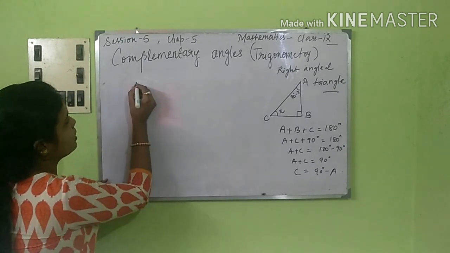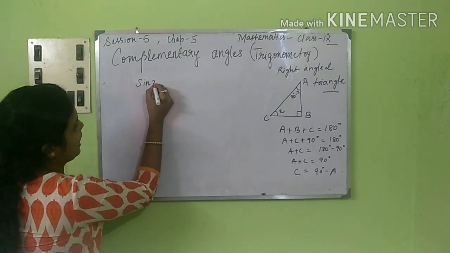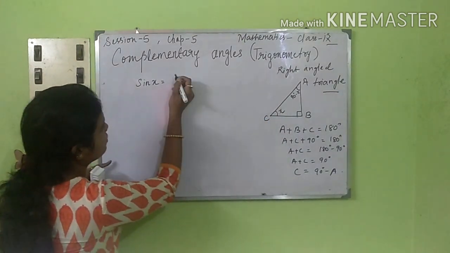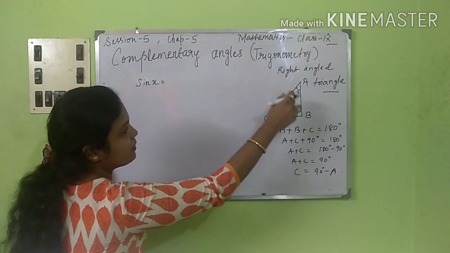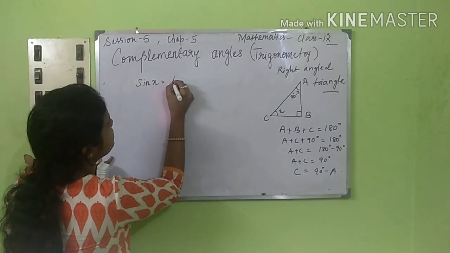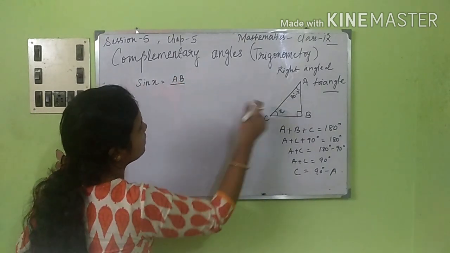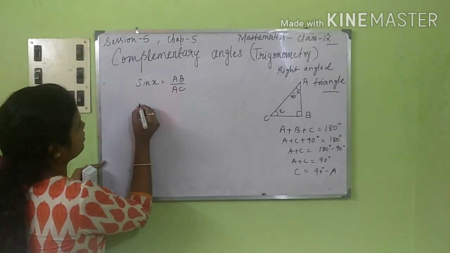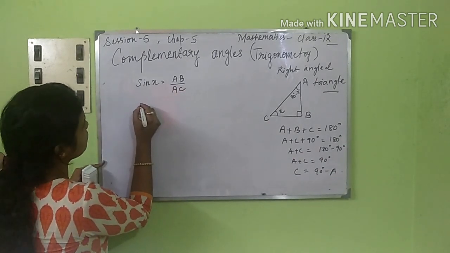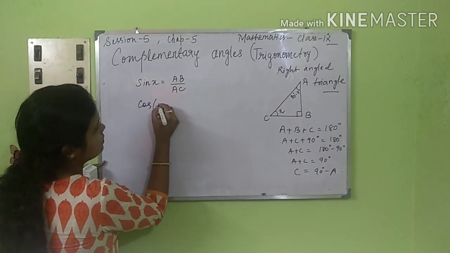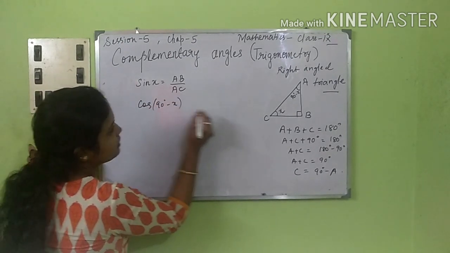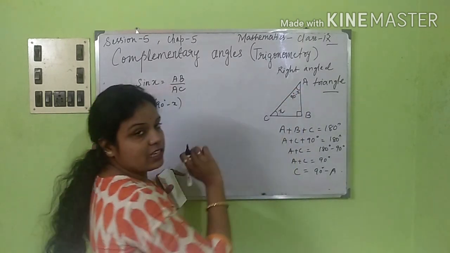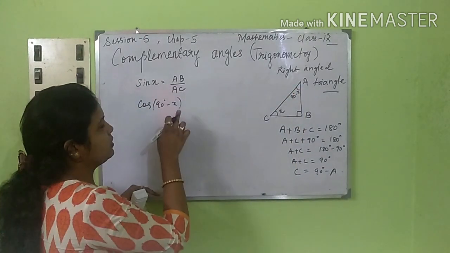Now suppose take for sine x. Sine x means this particular angle C. So sine x is what? Just see, we know it is perpendicular by hypotenuse. That means AB by AC, right? Whereas if we take cos 90 degree minus x, considering this particular angle, then what will be this?